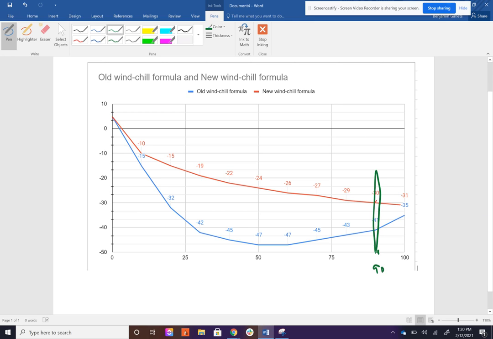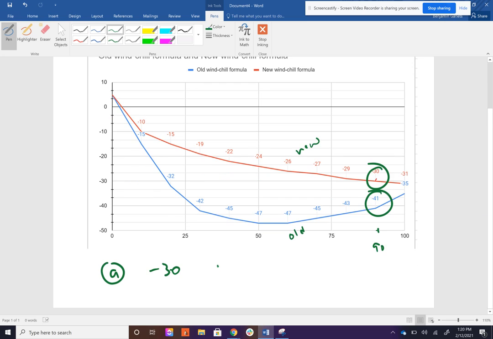And we've got these two data values. And so this top one is our new. This is our old. And let's look at this question. It says, what is the approximate new wind chill factor? So we would say negative 30 degrees. B says, what is the approximate old? So we would have negative 41.